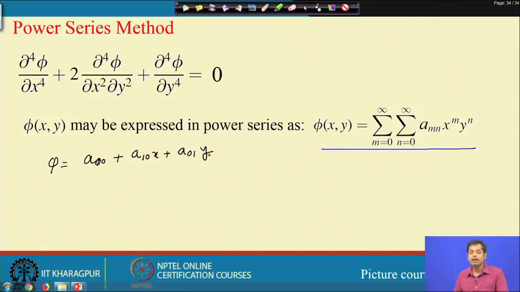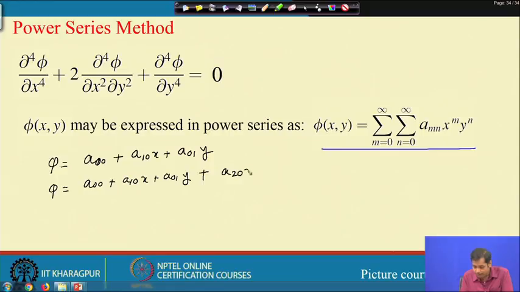So, this is a linear polynomial. Similarly, if we have to take phi as quadratic, then A00 plus A10 x plus A01 y, this is the linear term, plus the quadratic term A20 x square plus A11 xy plus A02 y square.